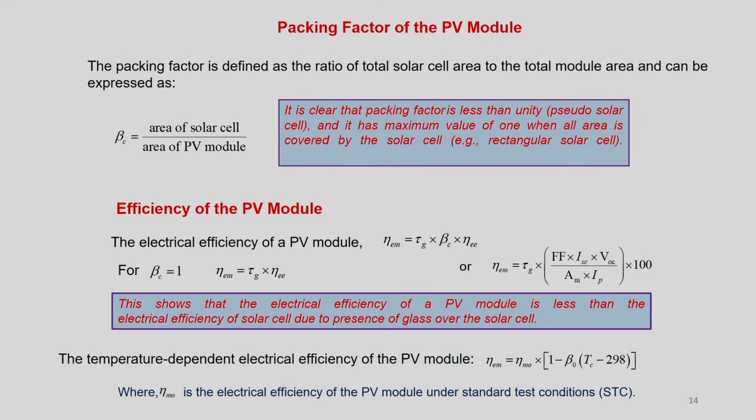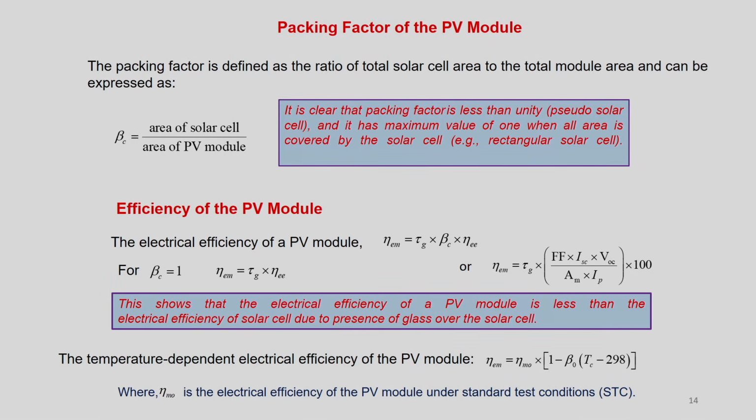So, now let us learn the packing factor of a module. As I said before, packing factor plays a key role in maximizing the efficiency of a PV module, right. So, how is the packing factor defined? It is defined as the ratio of the total area of the solar cells to the area of the module.